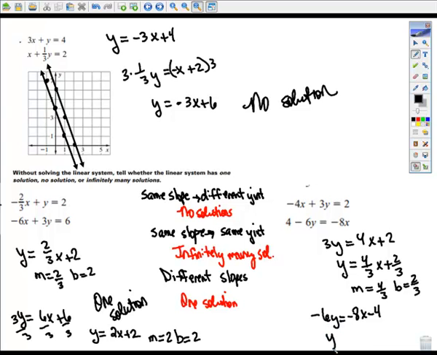Divide by negative 6. Y is going to end up equaling positive 4/3 x plus 2/3 when you simplify it. Here the slope is 4/3, the y-intercept is 2/3, so these are the same line, so we have infinitely many.